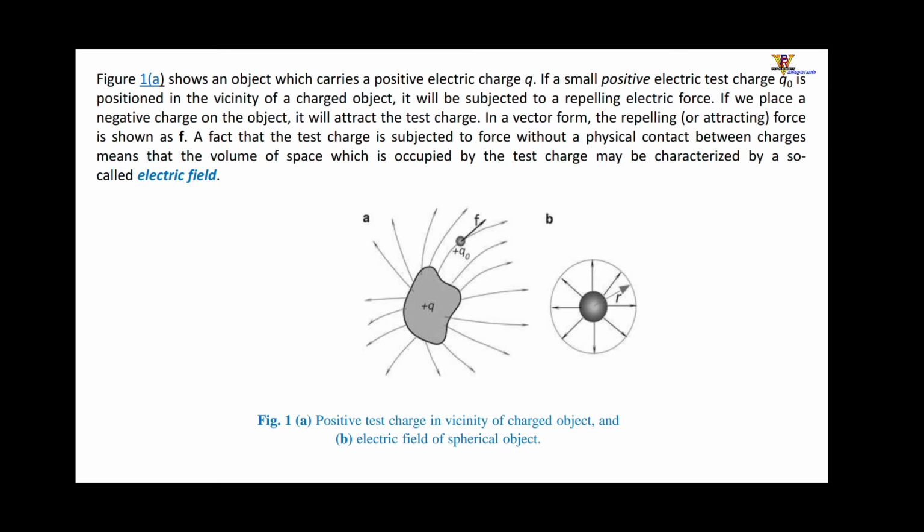So the field around this positive charge, where its effect can be felt by another charge, is known as the electric field, and the direction of the electric field is radially outward from the positive charge, which is shown in the B diagram of figure 1.